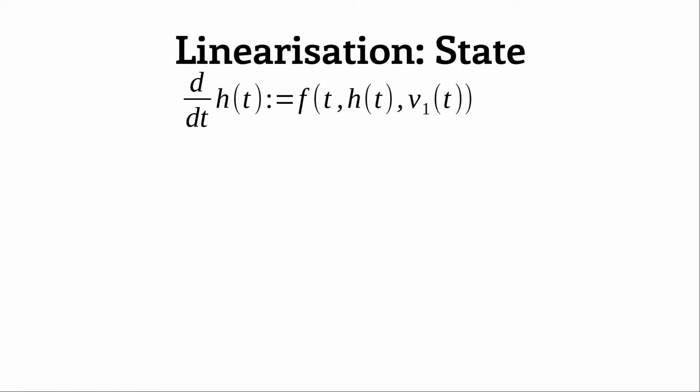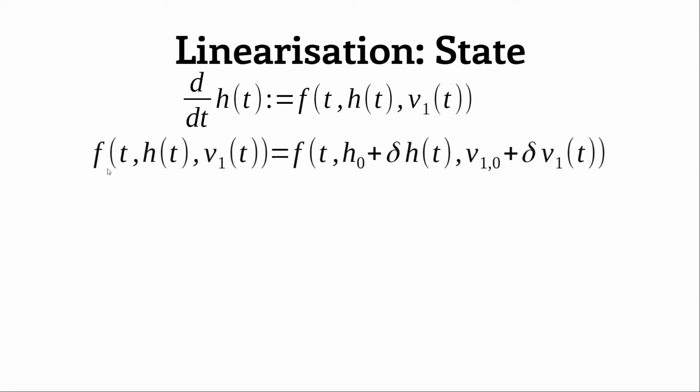And for the state, this works as follows. If we look at the derivative of our height with respect to time as a function of time, the height, and the inflow velocity, then we can write it this way. We have our steady state height and we have our steady state inflow, and we can express the current height as the steady state height plus some delta, and the inflow as the steady state inflow plus some delta.